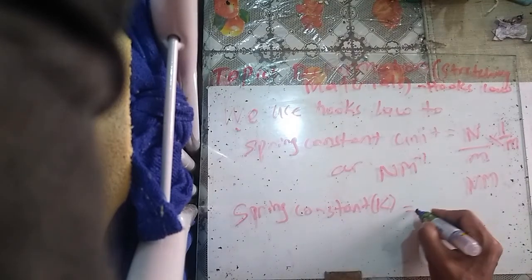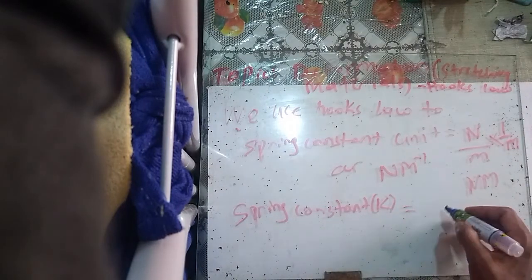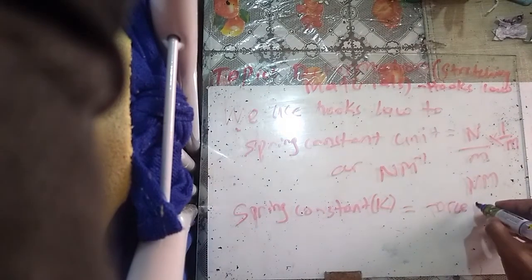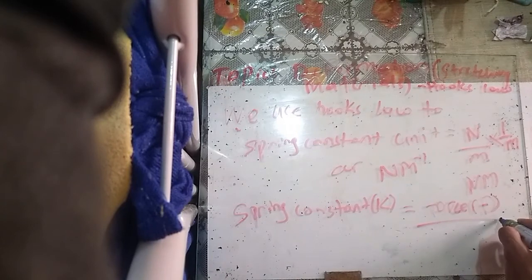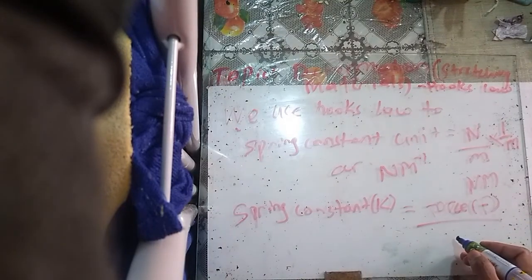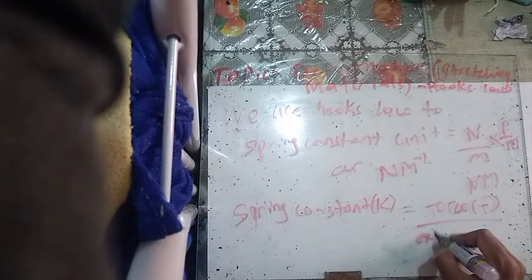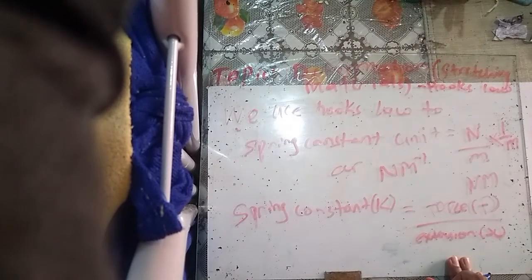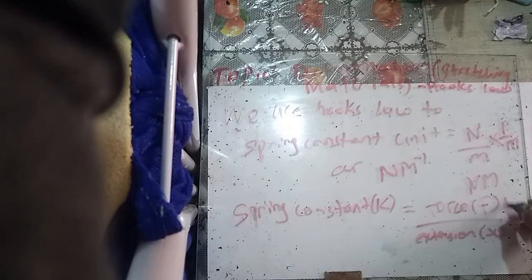Okay, spring constant K is equal to the force, F, and that is another symbol I'm using, the force F over extension X. Alright, force F over extension X. And you could put in your units now: force in Newton and extension in meter. Mind you, the extension distance is not in centimeter this time.